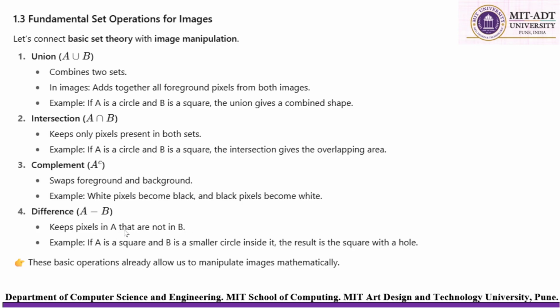So we keep the pixels of A, but discard the pixels that are in B. These are the basic operations that already allow us to manipulate images in a mathematical way.